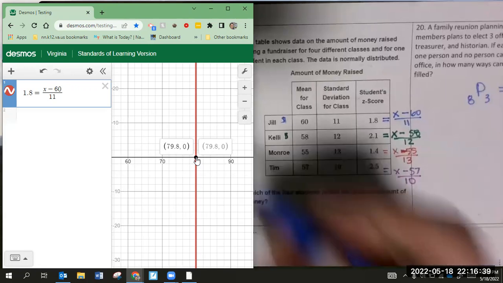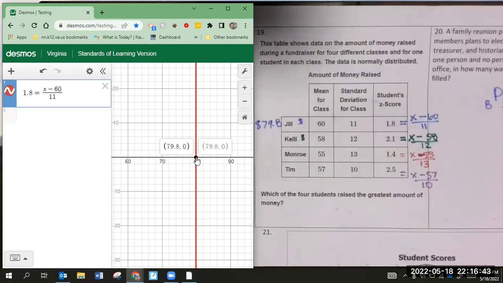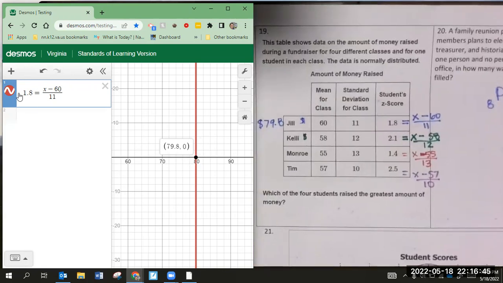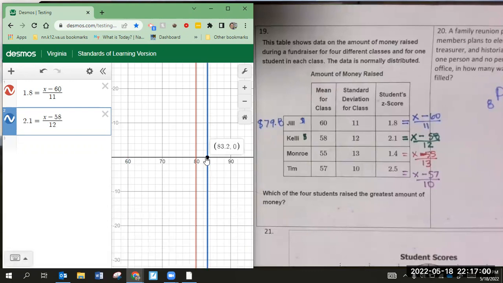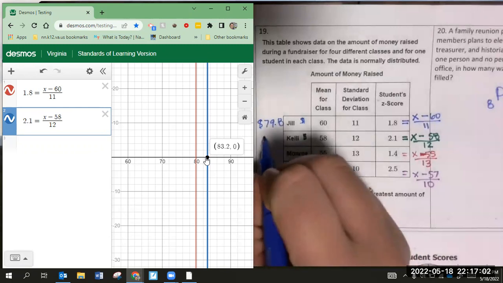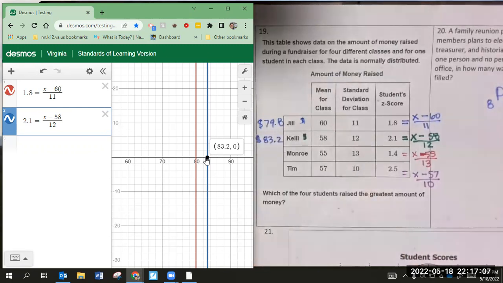So Jill raised $79.8. Kelly has a different z-score, 2.1. x minus her mean, which is 58, divided by the standard deviation. She raised more money. 83.2. So far, Kelly has raised the most money.